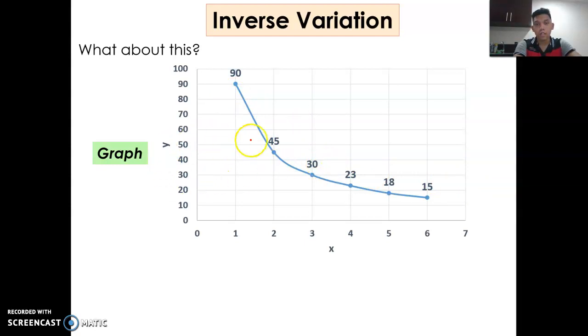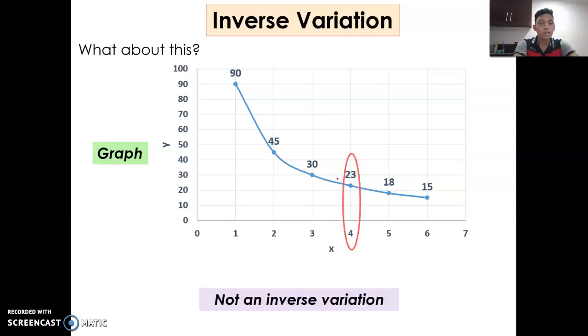Alright, can you check if this is an inverse variation? Let's try. 1 times 90 is 90, 2 times 45 is 90, 3 times 30 is 90. 4 times 23, there's something wrong. 5 times 18 is 90, 6 times 15 is 90. This one doesn't make sense, no?